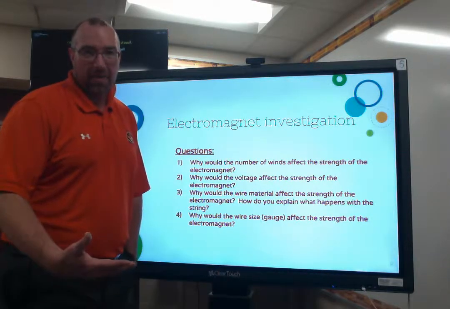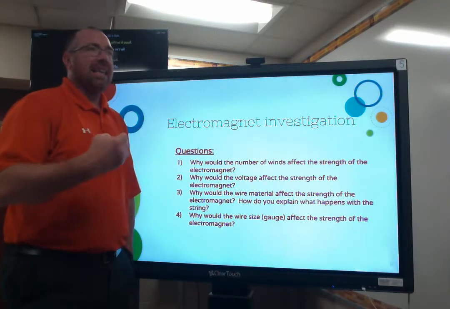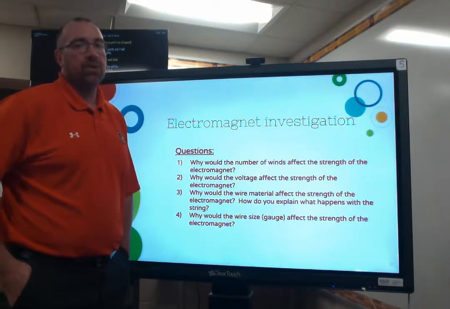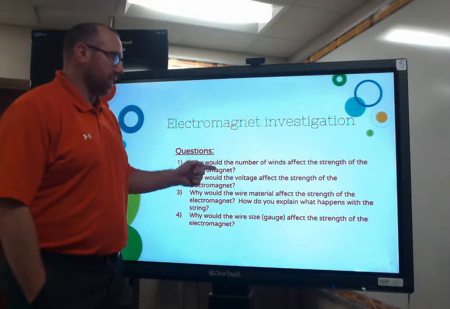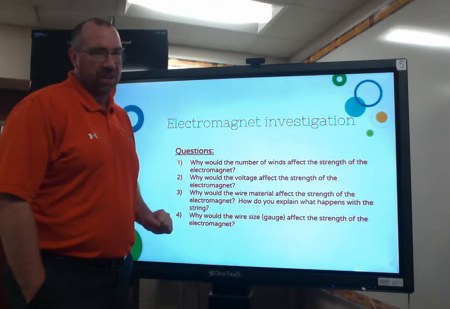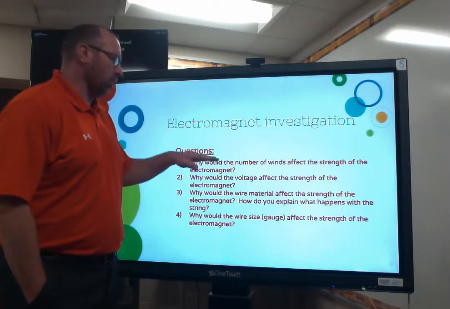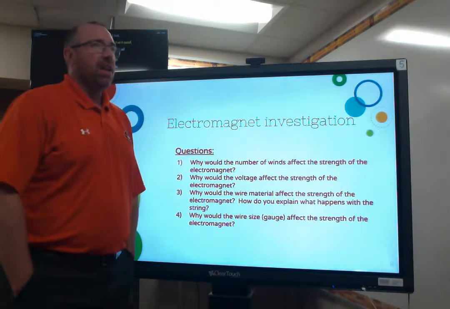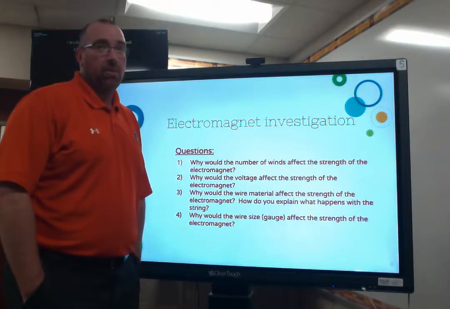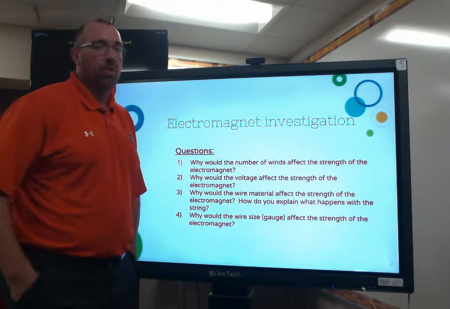Essentially, here's what we came up with in a nutshell. Anything that increases the flux, which basically is to say increases the current, with the exception of number 1, but it's sort of the same principle. On number 1, the number of wires, you're not literally increasing the current in the wire if you increase the number of wires.